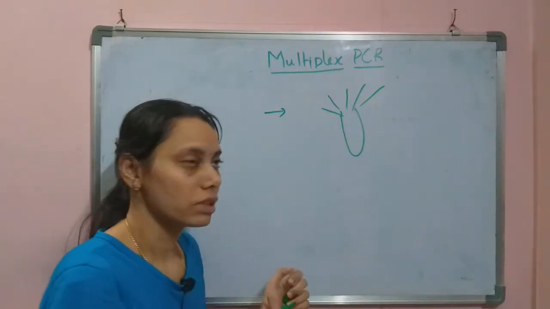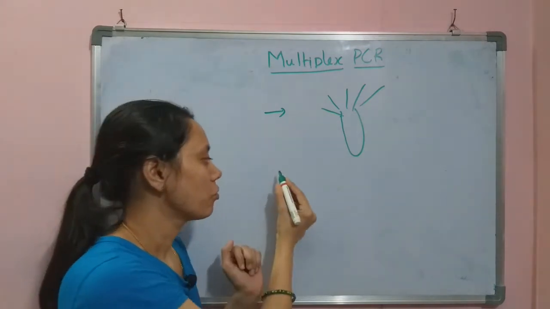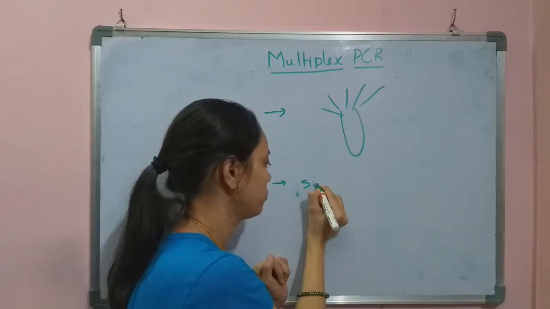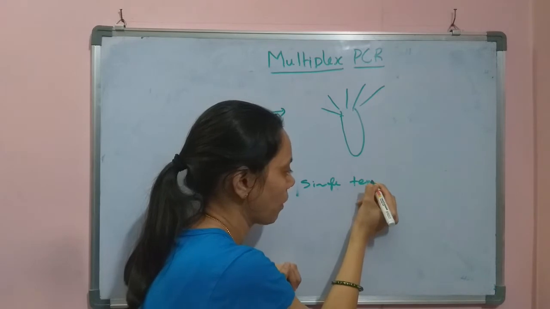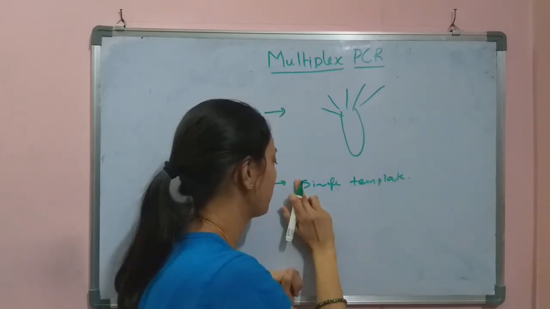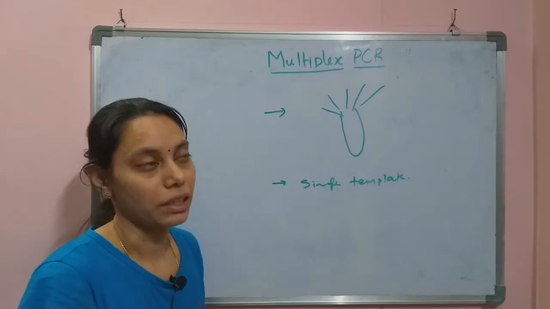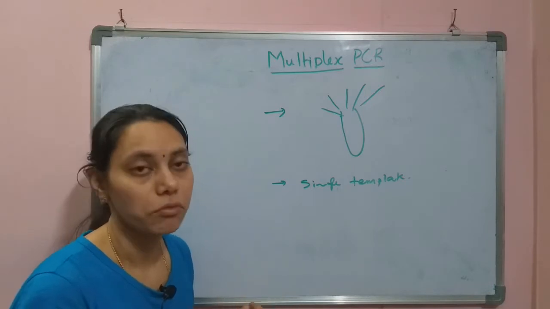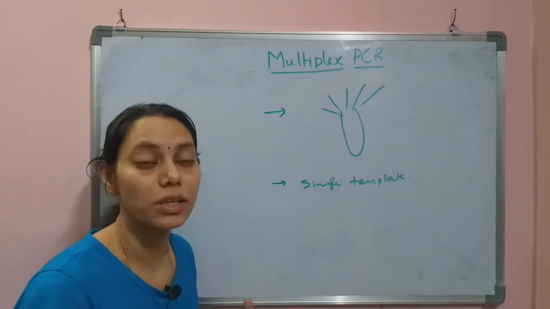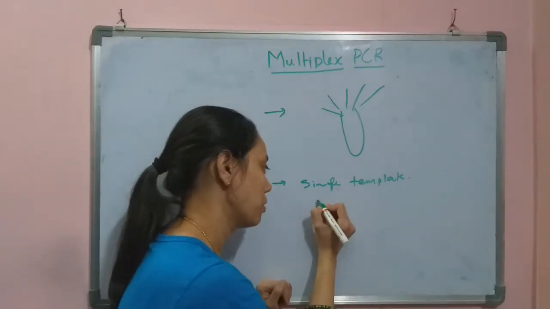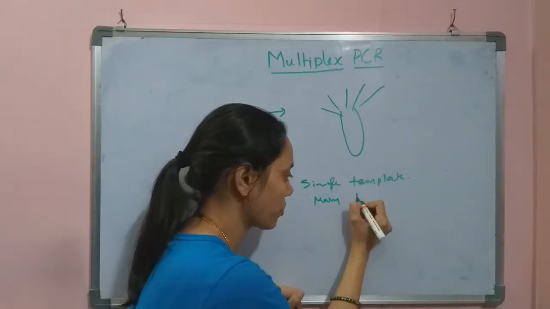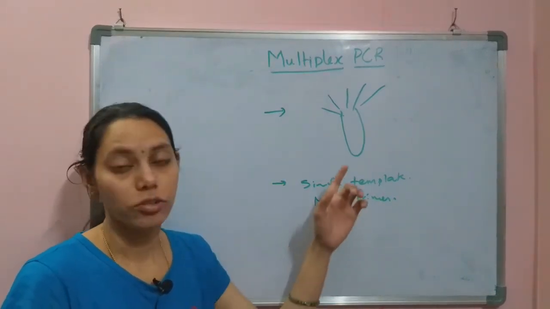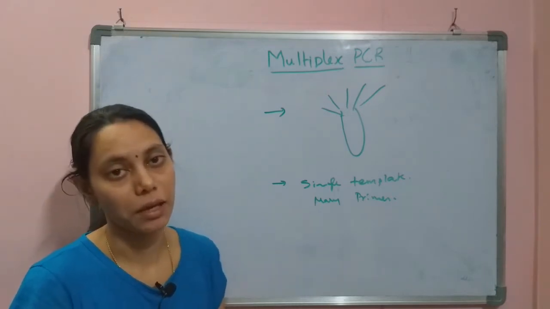We can say there are two cases. If we have one single template, that is, the target DNA is one, but with this one type of target DNA we want to perform a PCR reaction with different sets of primers. So there are many primers, all types of primers can be added into a single reaction mixture and the PCR reaction can be performed.